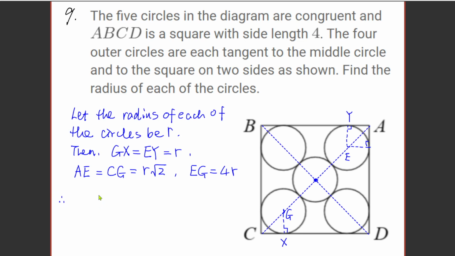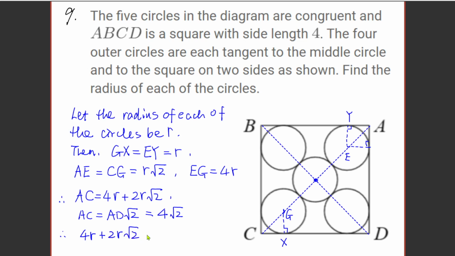Therefore, we have the following relationship: AC equals 4r plus 2r square root 2. Since we also have AC equals AD square root 2, which equals 4 square root 2, we then have 4r plus 2r square root 2 equals 4 square root 2, right?